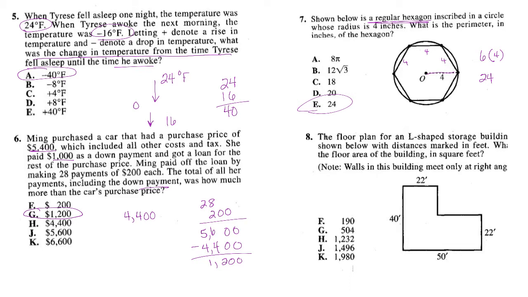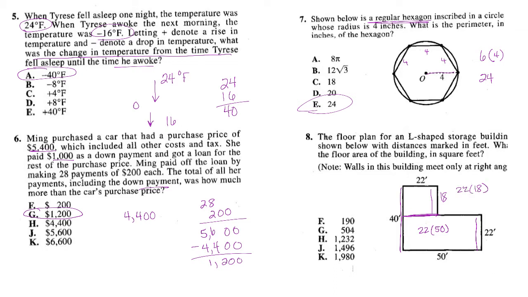Well, if this whole side here is 40, and if I know this portion is 22, then I know this portion here is going to have to be 18. And we can find the area of both parts. So this area is going to be 22 times 50. And this area up here is going to be 22 times 18.